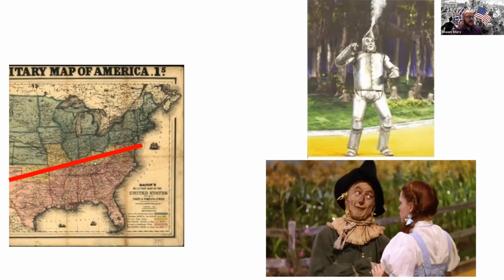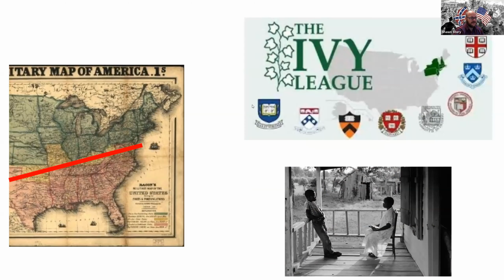But in the South, we see primarily farmers, and in the North, we're seeing a lot more industry workers. Also, we see this split in education. If we think of large universities and the Ivy League specifically, Harvard, Yale, Columbia, all of those universities are located in the North. The South does not have any large, prestigious universities.